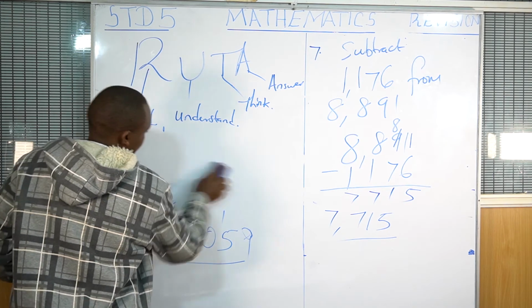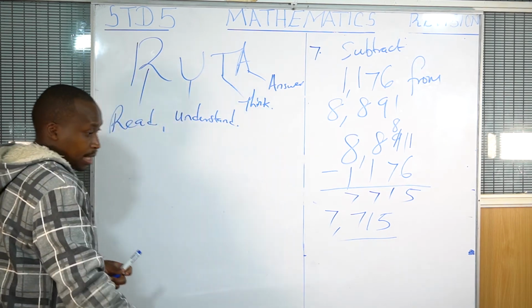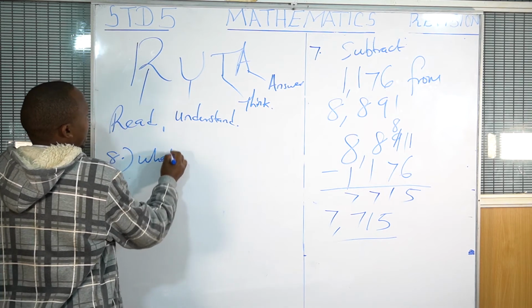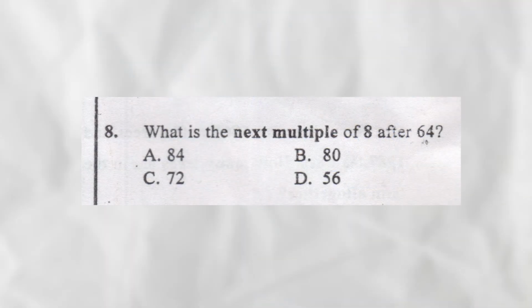We go to question number 8. We are told, what is the next multiple of 8 after 64? Class 5s, I want you to use the formula router, R for reading.